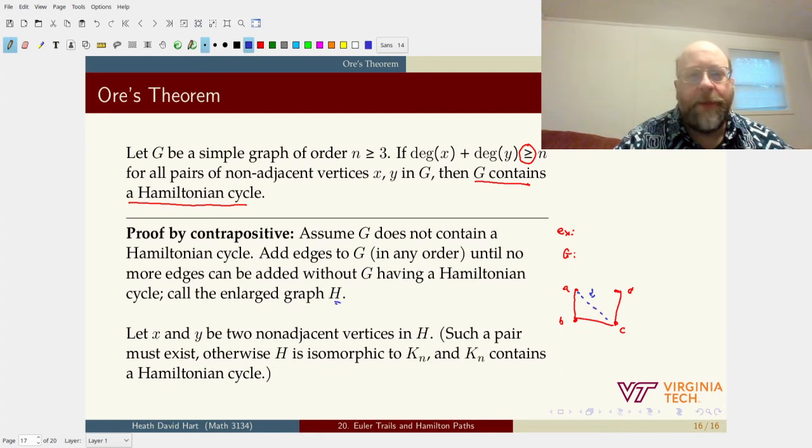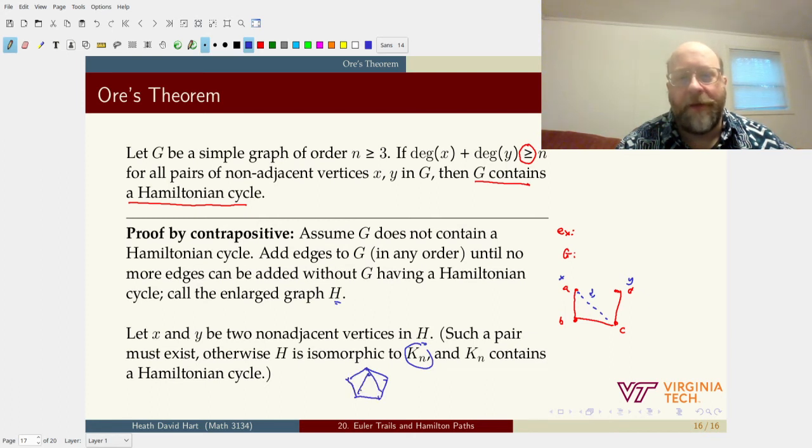Let X and Y be two non-adjacent vertices in H. So in this case, this would be my X and this would be my Y. So they're not adjacent to each other. I don't have an edge between them. We have to have such a pair. If every pair of vertices is adjacent, then we have K sub n. That's the complete graph. We've seen that notation before. And K sub n always contains a Hamiltonian cycle on the outside.